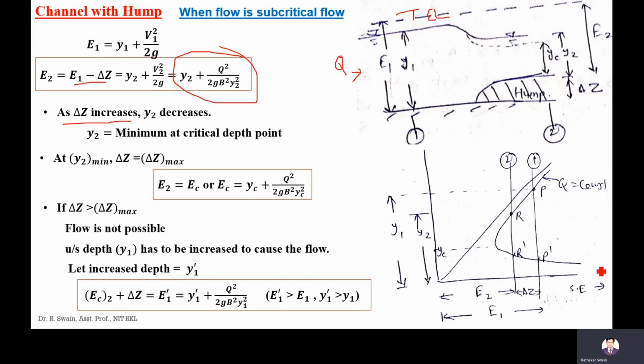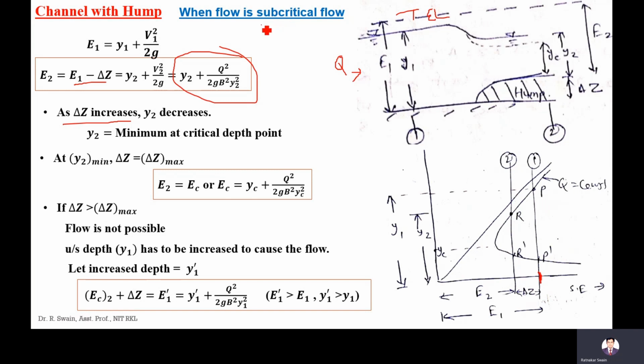So E decreases. Initially at section 1 this is the specific energy E1, and E2 is less than E1 by delta Z. This is the critical specific energy at section 2.